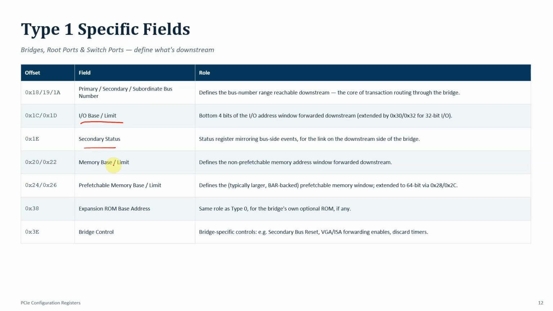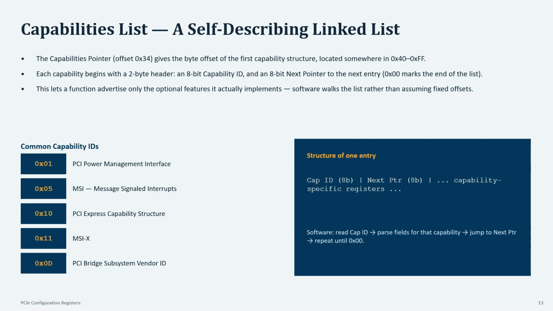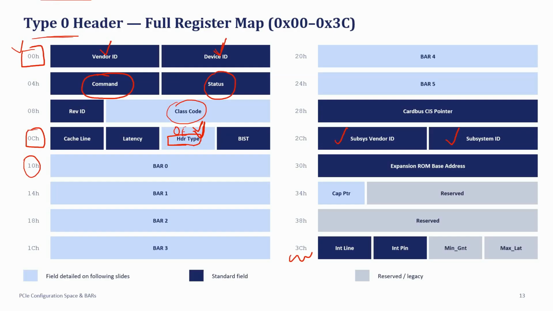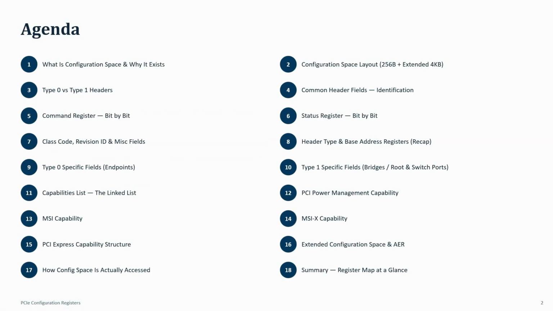In the capability list, we can have different capabilities like PCI power management, MSI (message signaled interrupts), the PCI Express capability structure, and so on. These are the different registers we have in our configuration space.